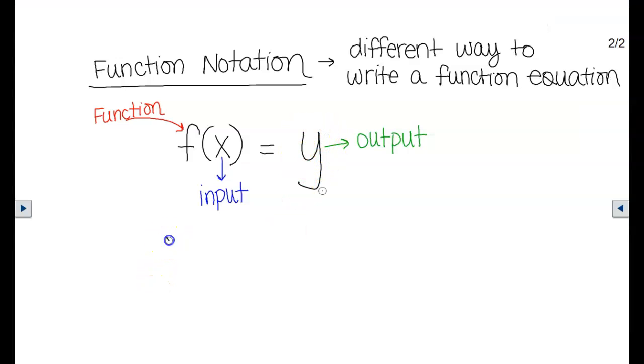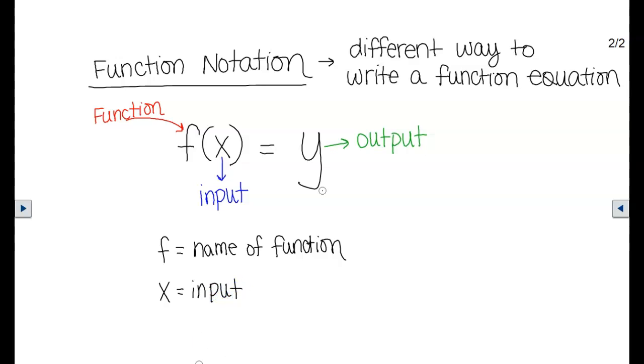All right, so to kind of stress what we've said here, that f is the name of the function. It's not a variable. It is a letter that is the name of the function. That x that you're seeing inside the parentheses is your input.